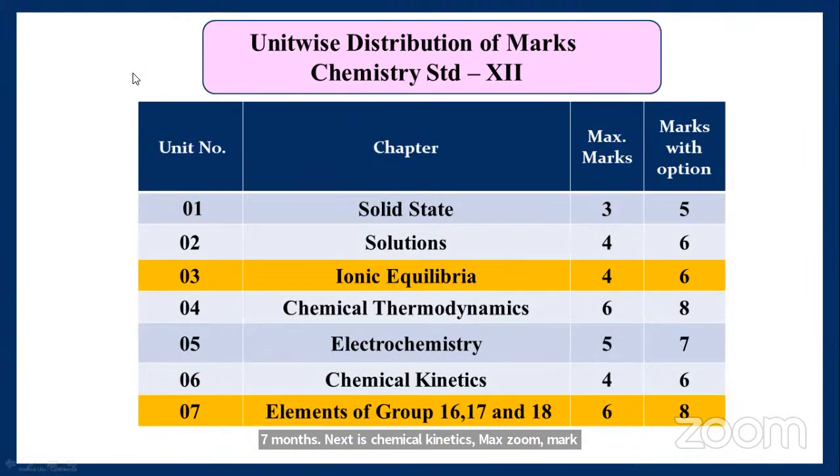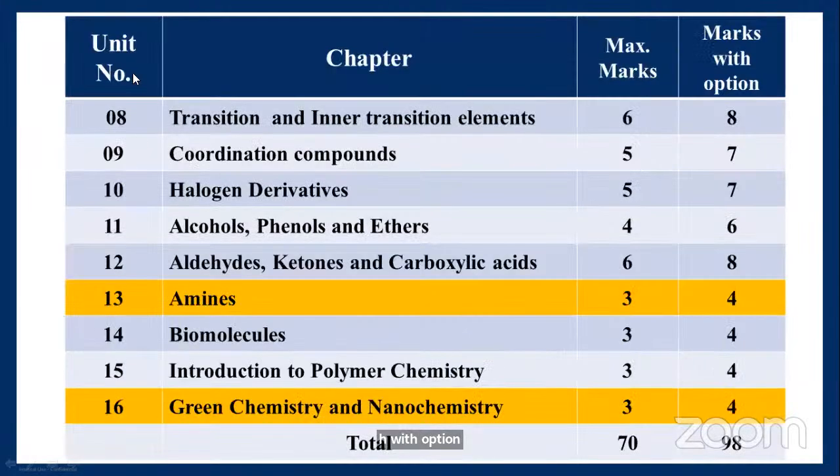Elements of group 16, 17 and 18, maximum marks 6 and marks with option 8. Chapter number 8, transition and inner transition elements, maximum marks 6 and marks with option 8.